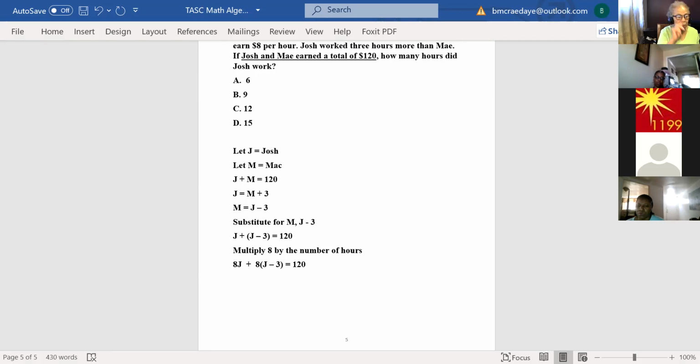Now, how do we solve for J? 8J plus... How do we solve for J? So what do I do here? What do I do first? The parentheses. Do the parentheses.